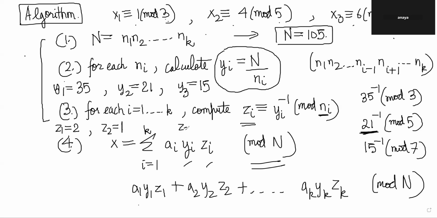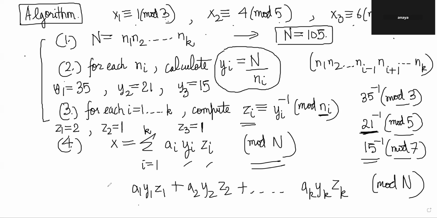Z2 is 1, and Z3 is 15 inverse with mod 7. So again 1, I think. So Z3 is also 1. These are all mod 7, mod 5, mod 3.